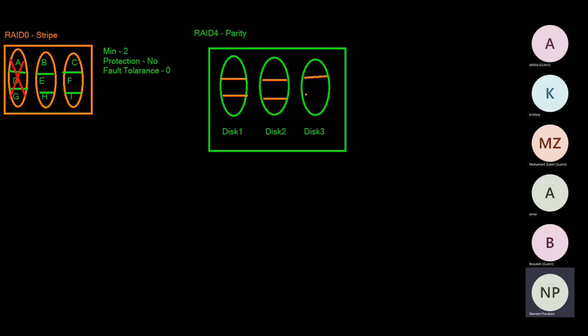As I told you, all the RAIDs in NetApp work based on a striping mechanism only. That means whenever you write data, it will write the data to all the disks across the pool. I have 3 disks, so it writes data to all 3 disks in parallel. A B C D E F, I'm considering all these as data here.